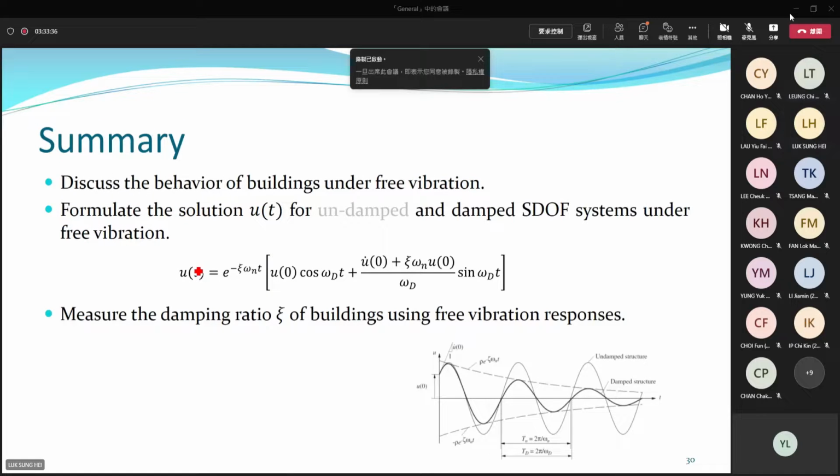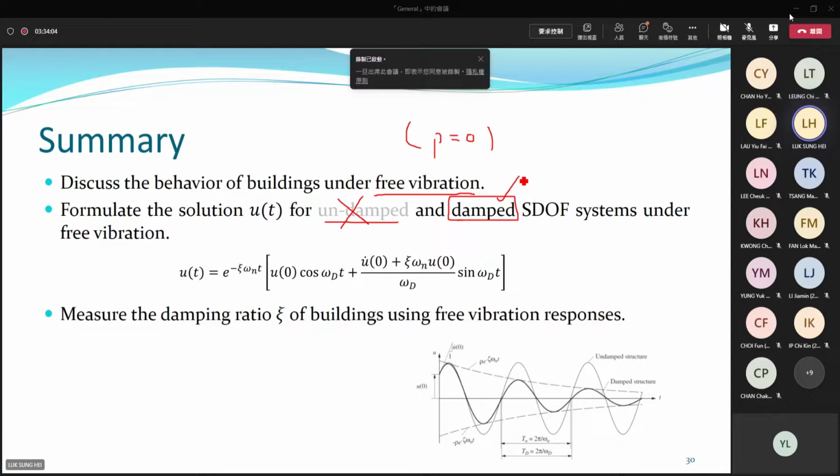Summary. In this chapter, topic 5, we introduce the basic idea of free vibration. Free vibration means we have no force, force equal to 0. We consider two systems, without damping and with damping. Normally, we use the damped system. That's why I turned the undamped system to gray color, just for illustration.